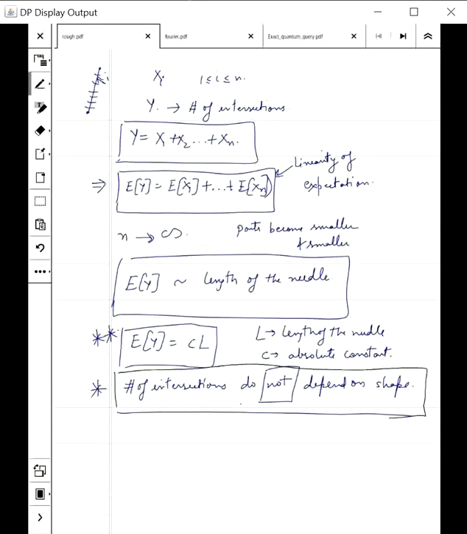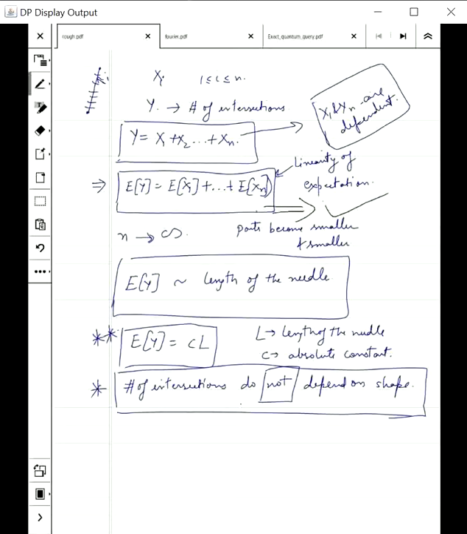This is the power of linearity of expectation. Again, the important point was that the random variables x1 to xn are dependent. It's not that they are independent, but for applying linearity of expectation, it doesn't matter. We can even apply linearity of expectation for dependent random variables. This is always true.